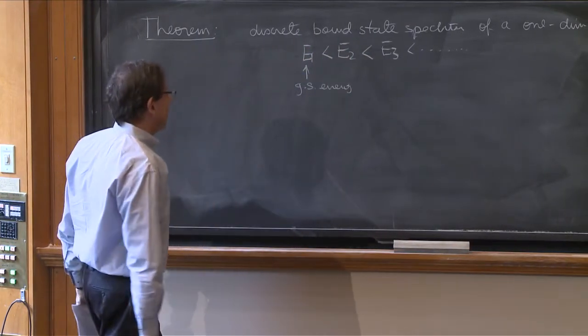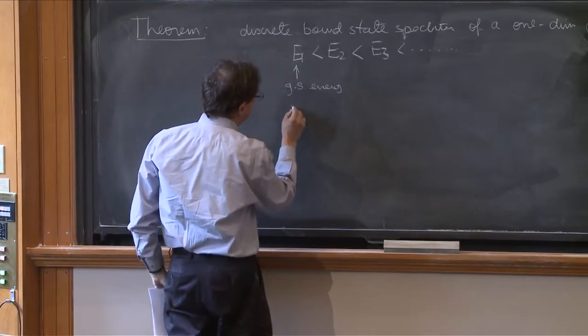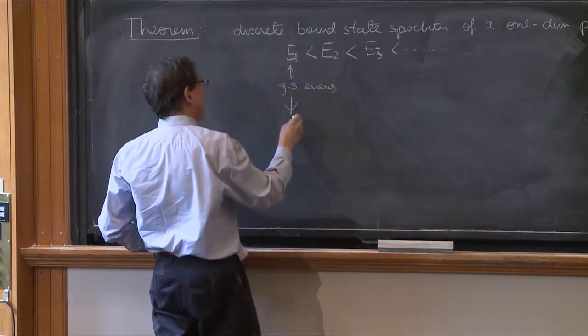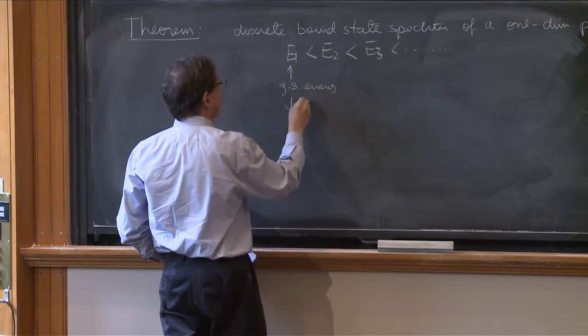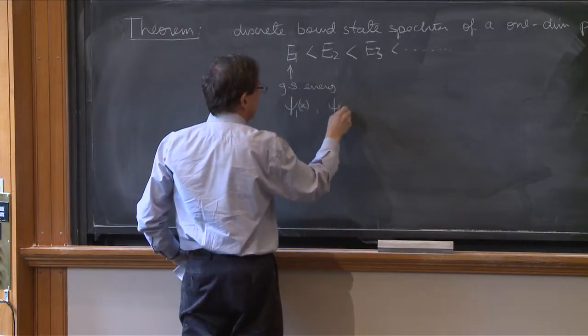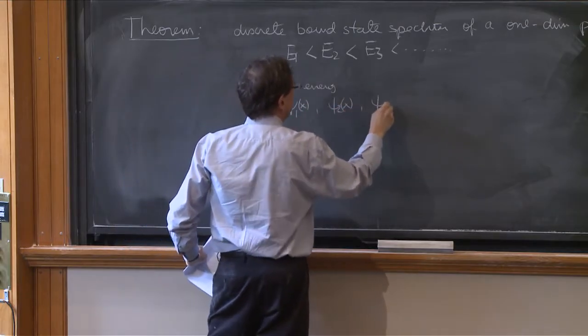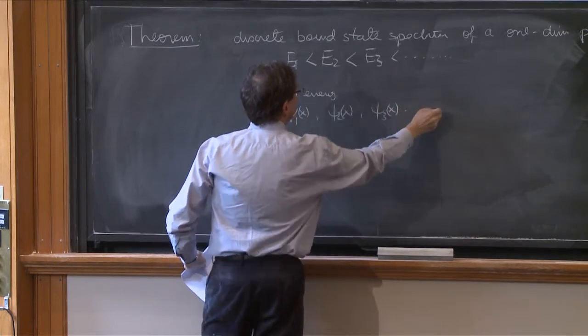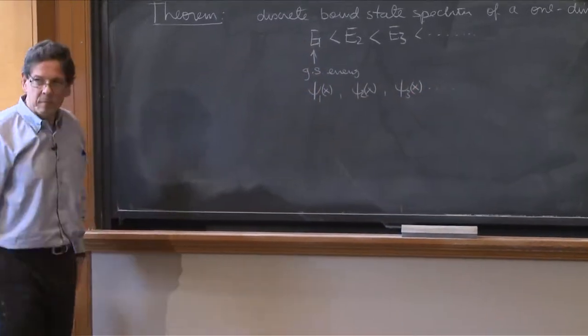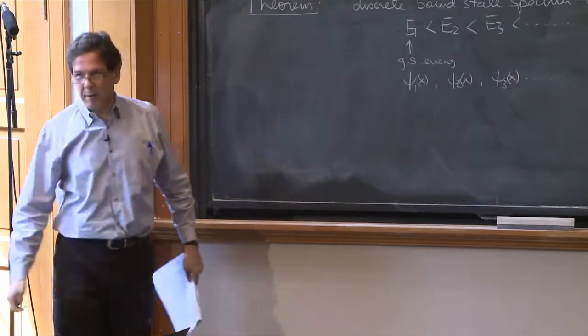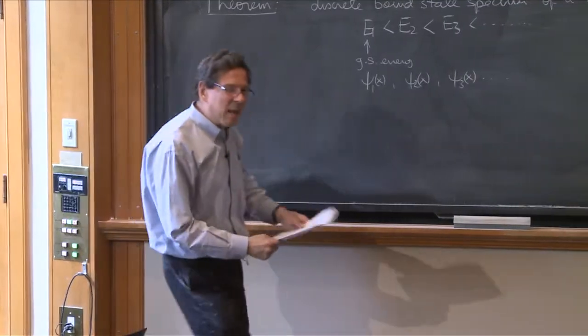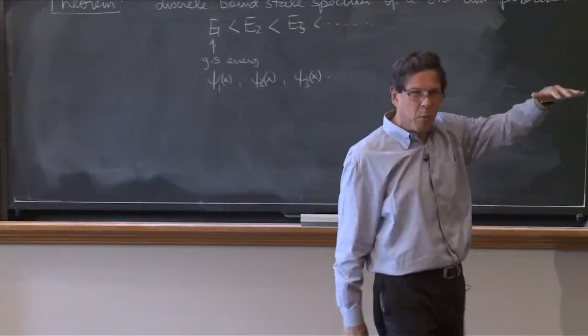The ground state energy. Then you have associated wave functions, energy eigenstates, psi1 of x, psi2 of x, psi3 of x. Here is the theorem. The theorem tells you something about the vanishing of the wave function.